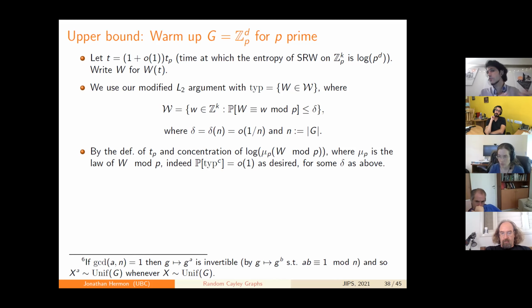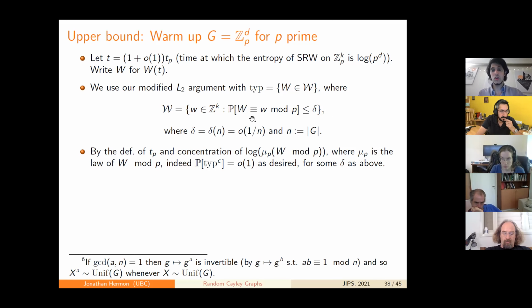Okay, so the same reasoning about the concentration of the object around the entropy can now be used in the other direction to tell you that because we're looking at a time slightly larger than the entropic time, we can pick some delta, which is little o of 1 over the size of the group, for which this is a typical event.